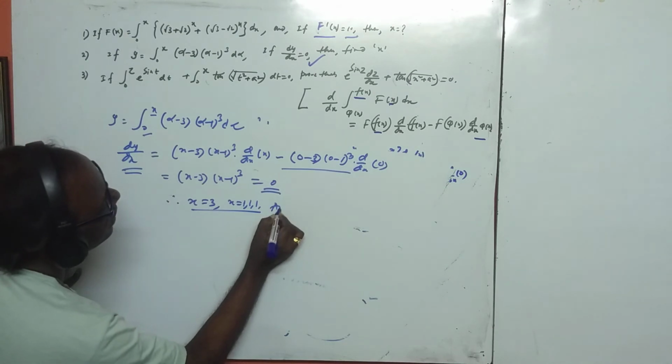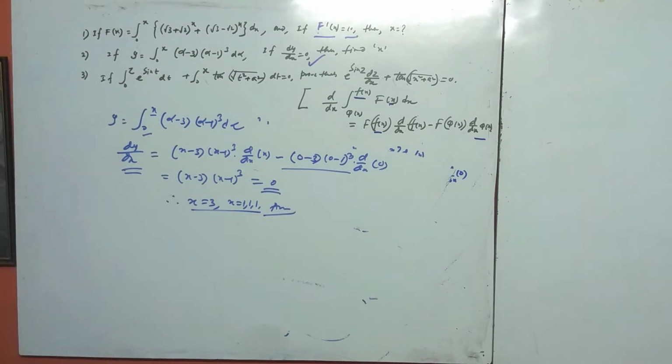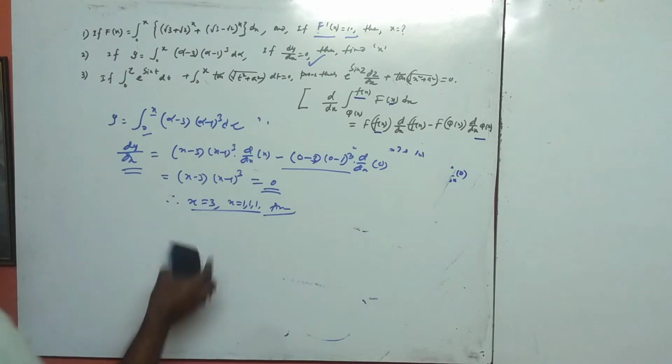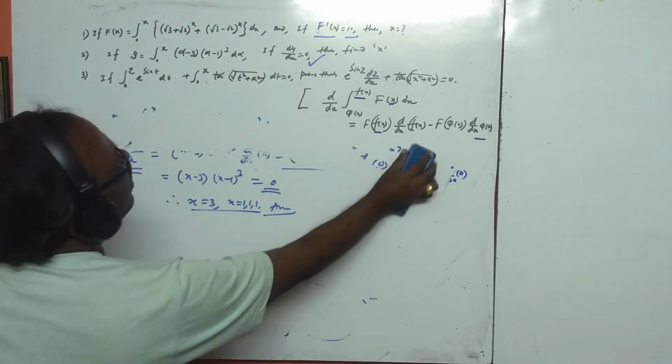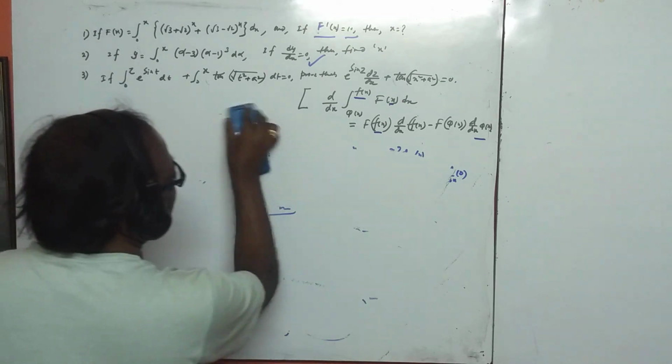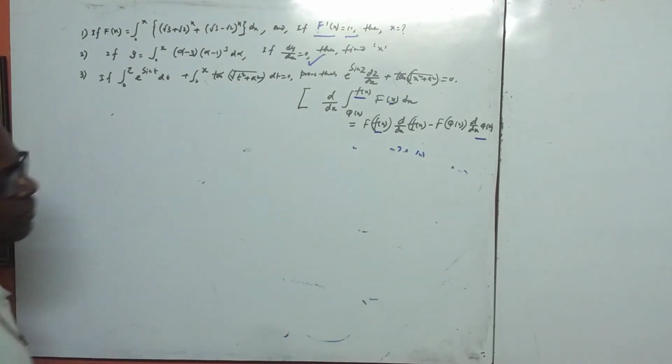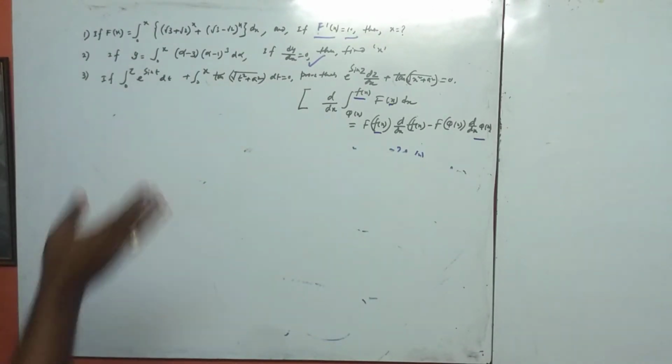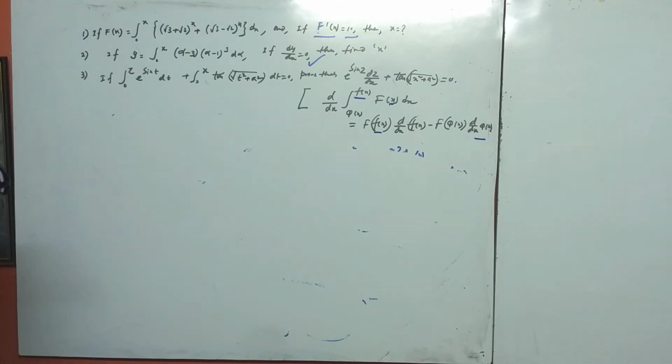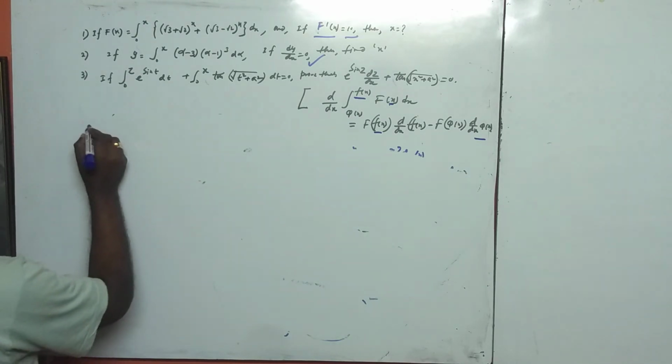Okay, this is the answer. Next question number 3, same as, can I use the formula which we have written here? Use this formula, please. Very interesting question. This is the last one for this video.